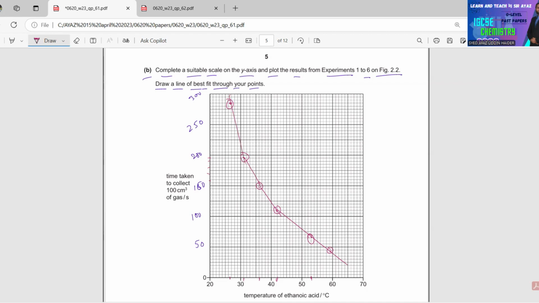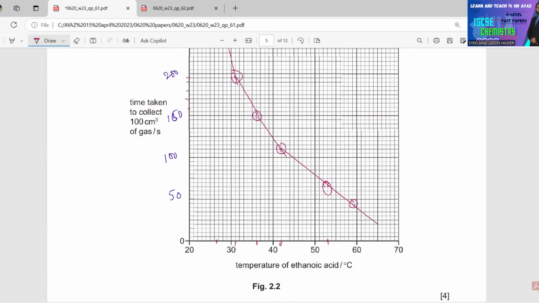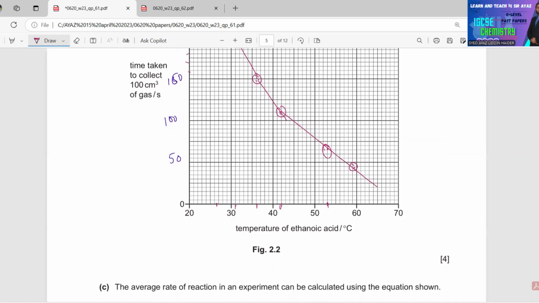It would be like that. This will be the final graph.